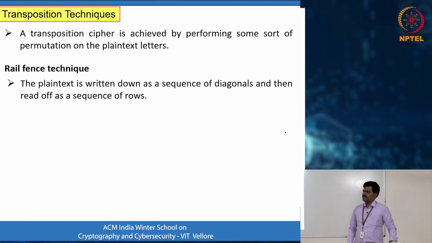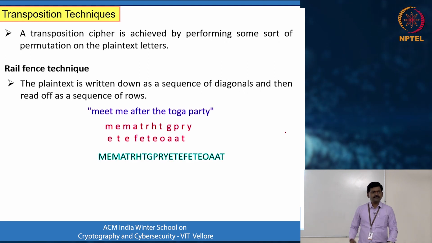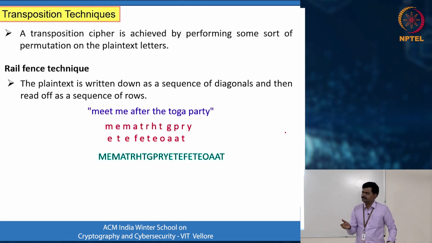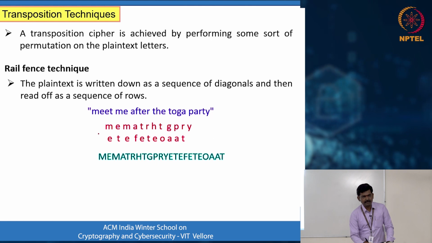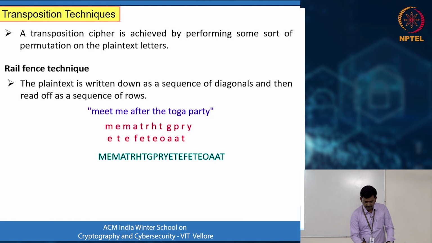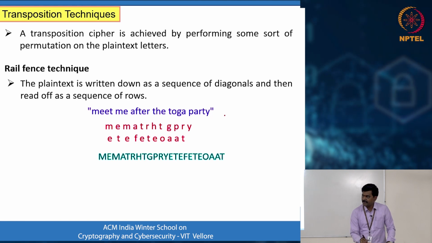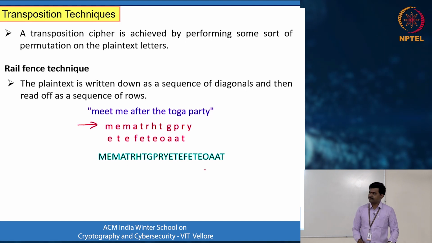The best example is the rail fence technique. So what you do is take the plain text and permute the positions. How do I permute the positions? Put that text in the form of a rail diagonally, MEET, like this, and read horizontally. When you read horizontally, MEA like this comes.